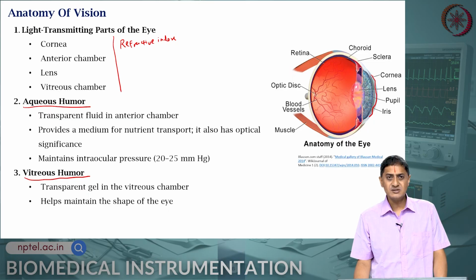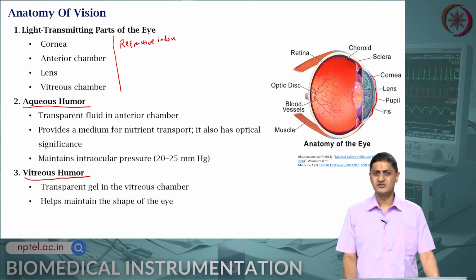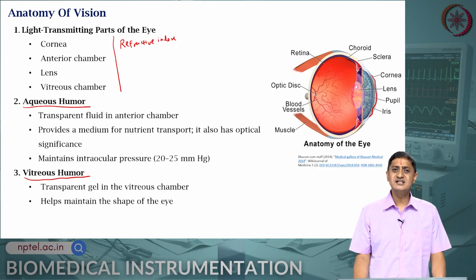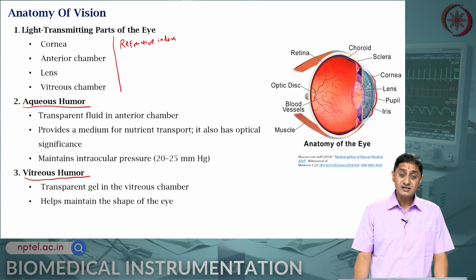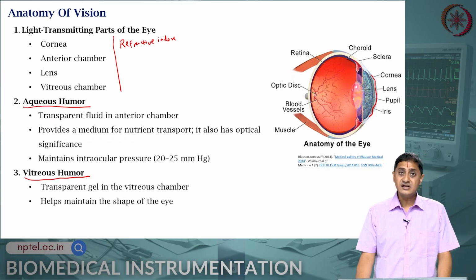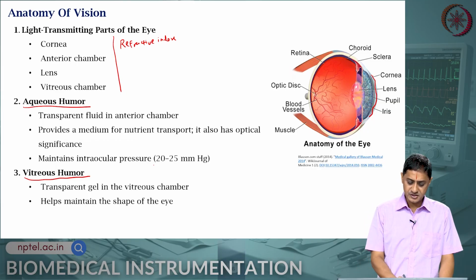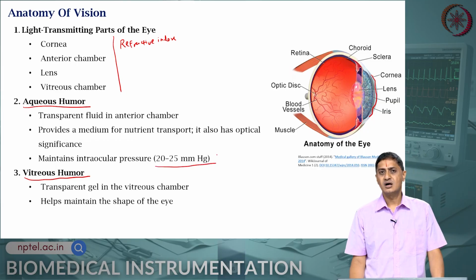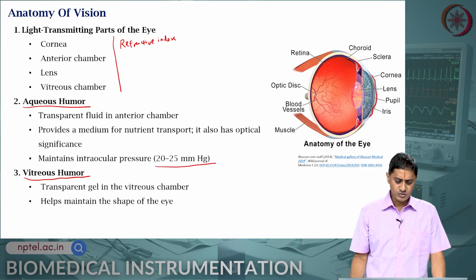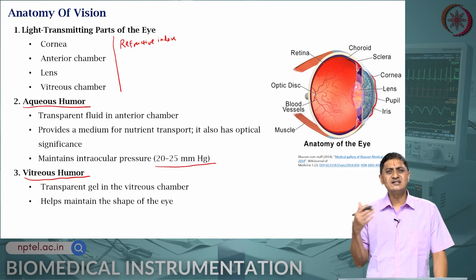It essentially provides a medium for transporting nutrients, and also has some specific optical significance. The details of this are beyond the scope of this course, but I will touch just enough so that we can understand ERG and EOG. It maintains a steady intraocular pressure of about 20-25 millimeter mercury. How is this maintained? Because the aqueous humor is getting recycled quite often.